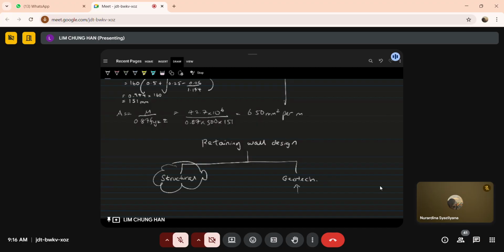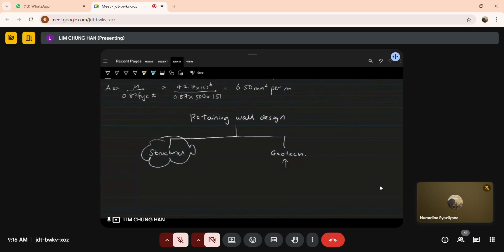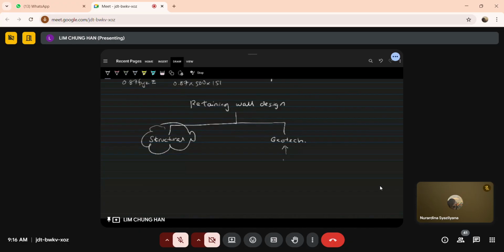Okay, but just for your revision, what are the geotechnical checks that you have to do for the retaining wall? Have you done retaining wall design in geotech? Yeah. So what are the checks that you have to do?